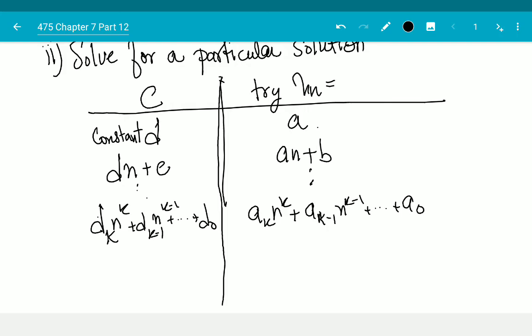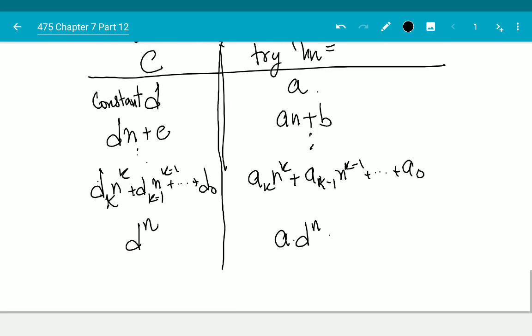If it's a polynomial above, you should try a polynomial below. If you have d to the n, so it is an exponential, try a times d to the n. Okay, so you try the same constant times d to the n.